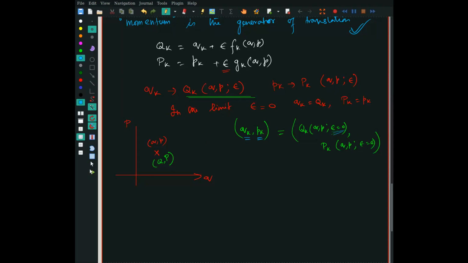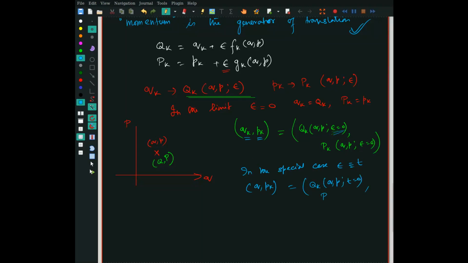Think about it with time, it basically is the same. In the special case where epsilon is your time, then qk, pk are basically Qk(q,p) at t equals 0 and Pk(q,p) at t equals 0. So this makes the interpretation much more straightforward. If epsilon happens to be time, then this type of transformation gives me the time evolution.